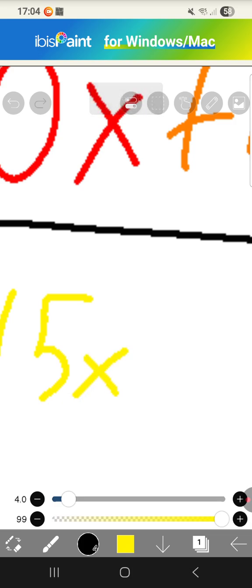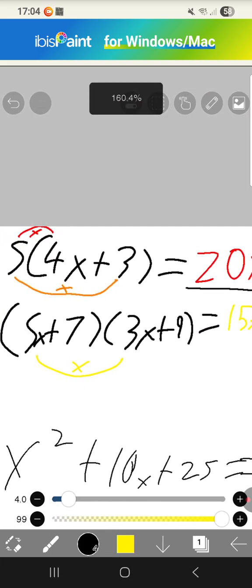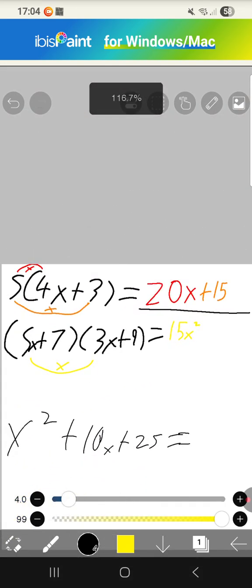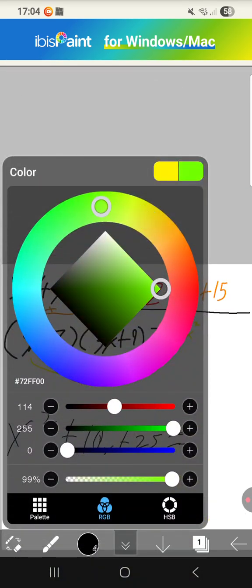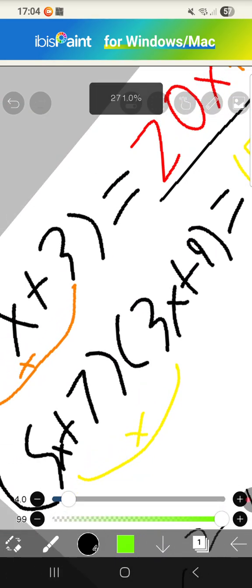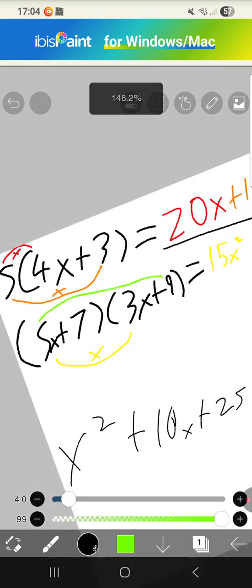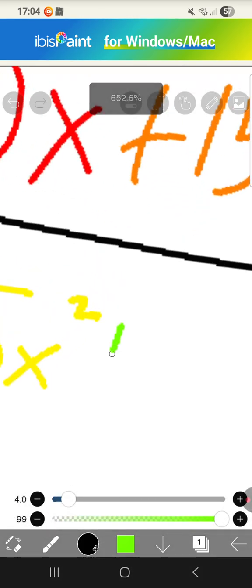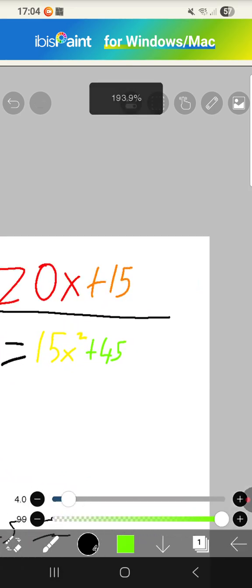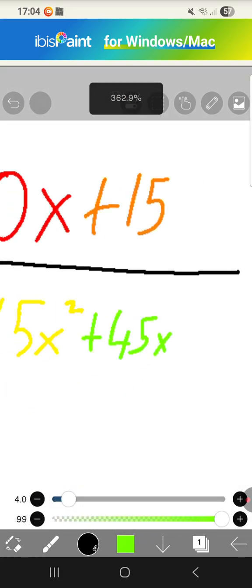But then since there's 2 x's, x times x equals x squared. So we're going to put an x squared there. Next, we are going to get 5 times 9, which is 45. Remember, the x is only one x this time, so we're going to do an x there.